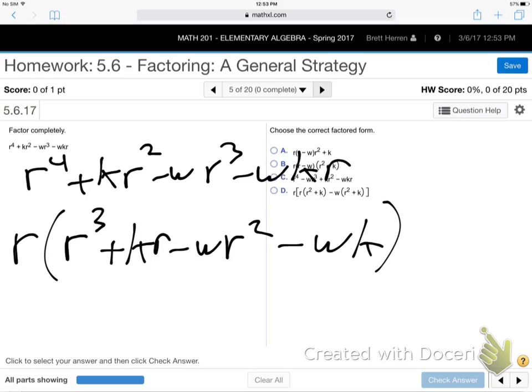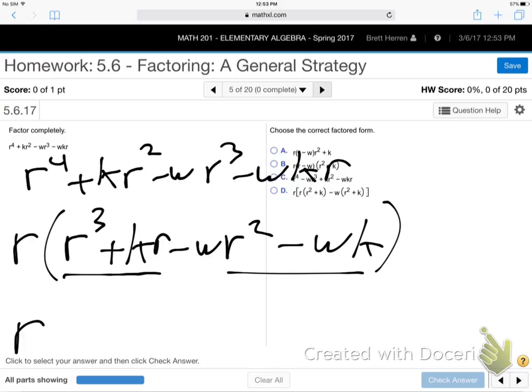Good so far? Then do the 2-2 thing. So leave the R in the front.